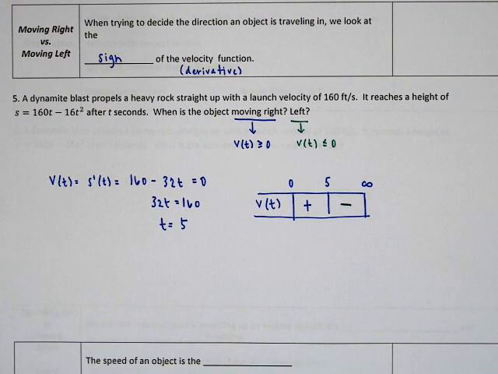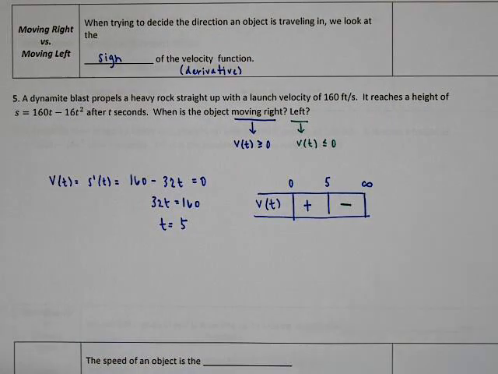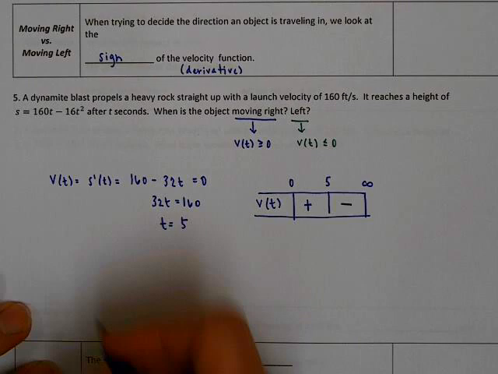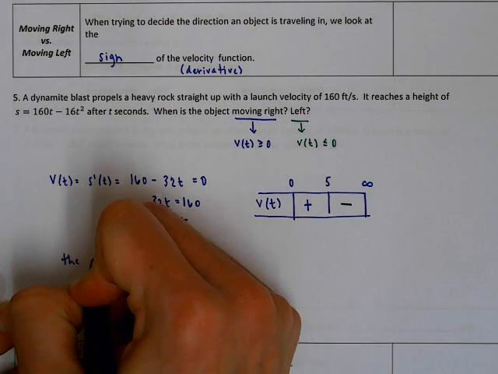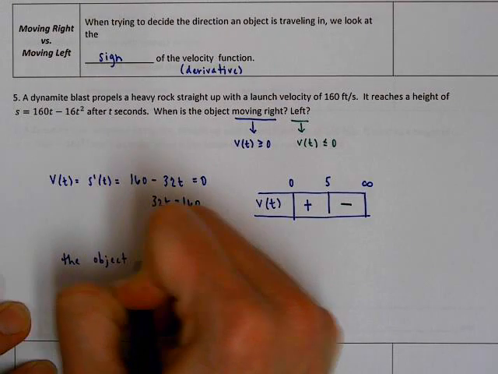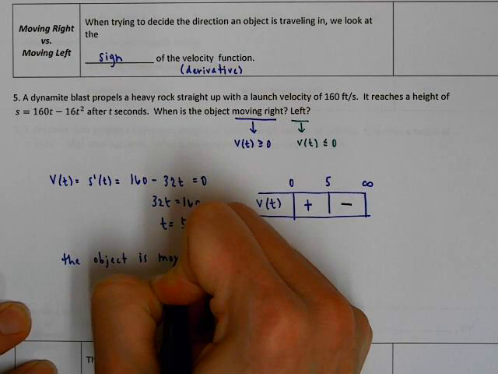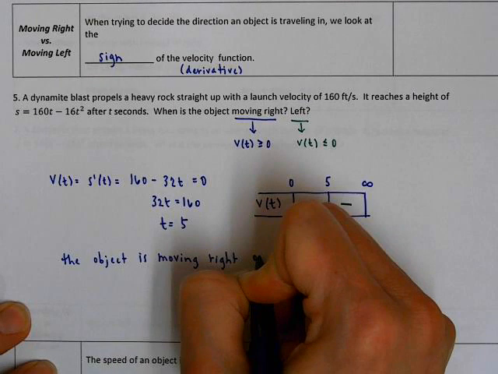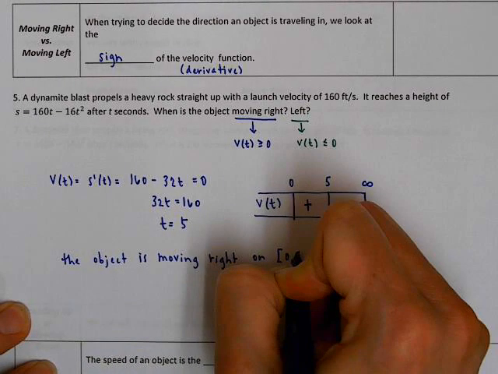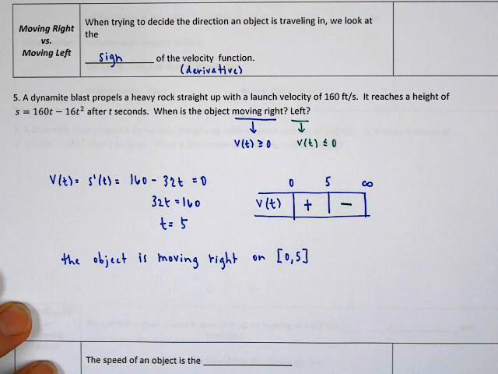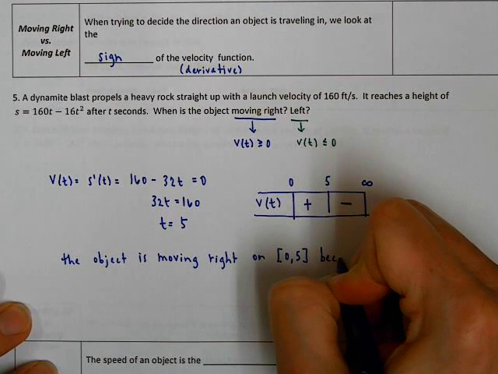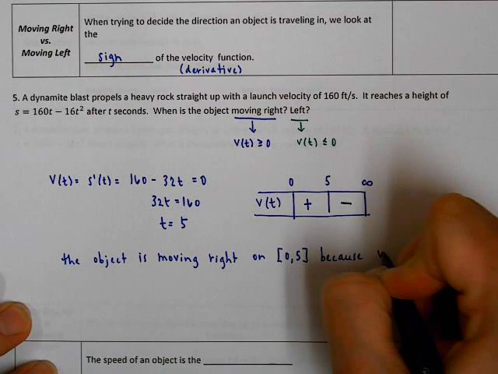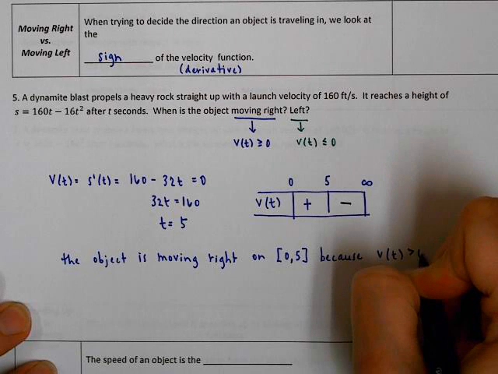So I'm doing my sign analysis just like I did before, and now I can say that the object is moving right on the interval, again I'm going to use closed brackets here, so on 0 to 5, because v of t is greater than 0.